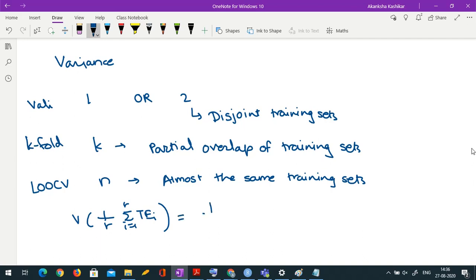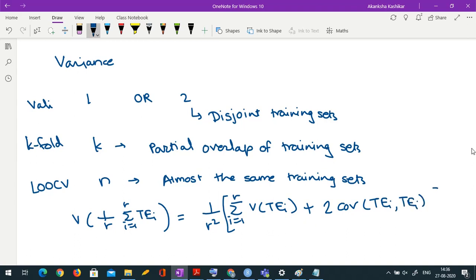So this we know would be 1 by r square, sum over i going from 1 to r, variance of TE_i, the variance of individual errors, plus 2 times covariances of TE_i, TE_j, and the sum is over i less than j.